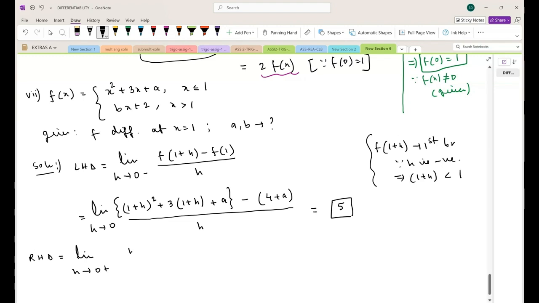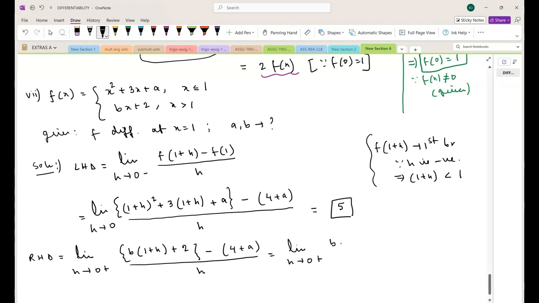So b into (1 plus h) plus 2, minus f(1), which is still the same, that is (4 plus a), whole divided by h. So if I simplify this, it is limit h tends to 0 plus.